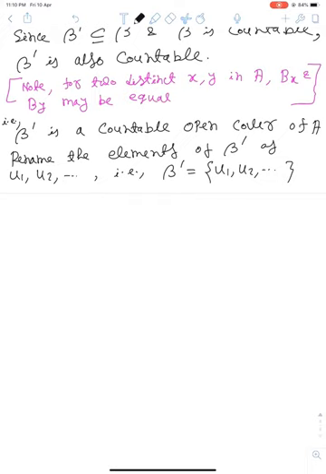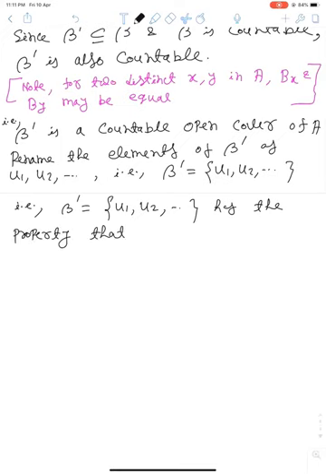So what is the property of ui? Beta dash equal to u1, u2, this one has the property that for any element a belonging to A, there exists n such that a belongs to un, right?